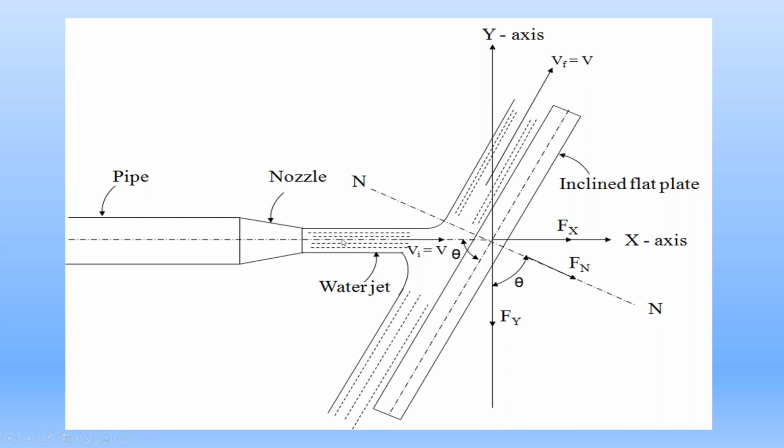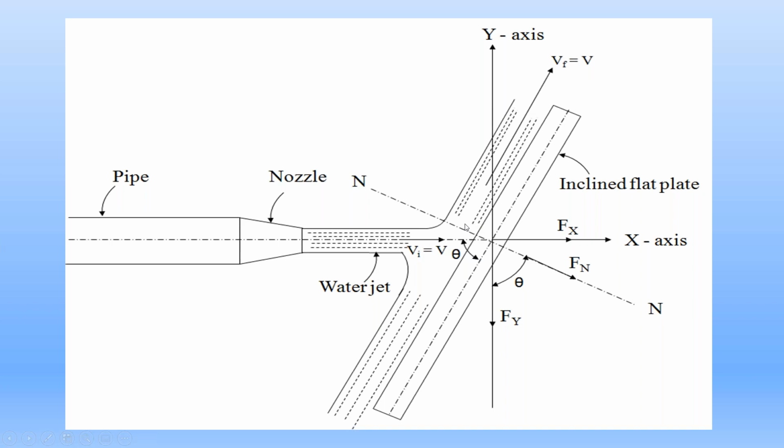Initially, the water jet velocity is Vi, that is equal to V. The initial velocity is horizontal. After the impact, the water jet is moving on the surface of the metal plate with final velocity Vf. Since the surface of the metal plate is smooth, the final velocity is also equal to V. There is no loss of energy.